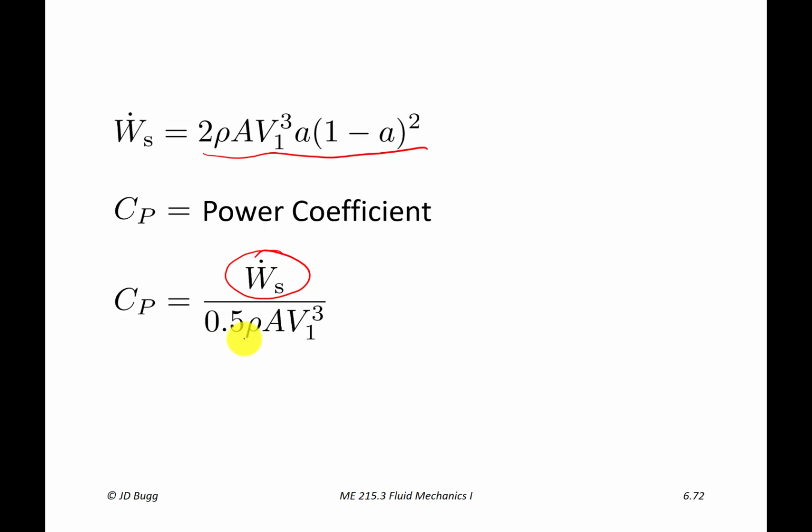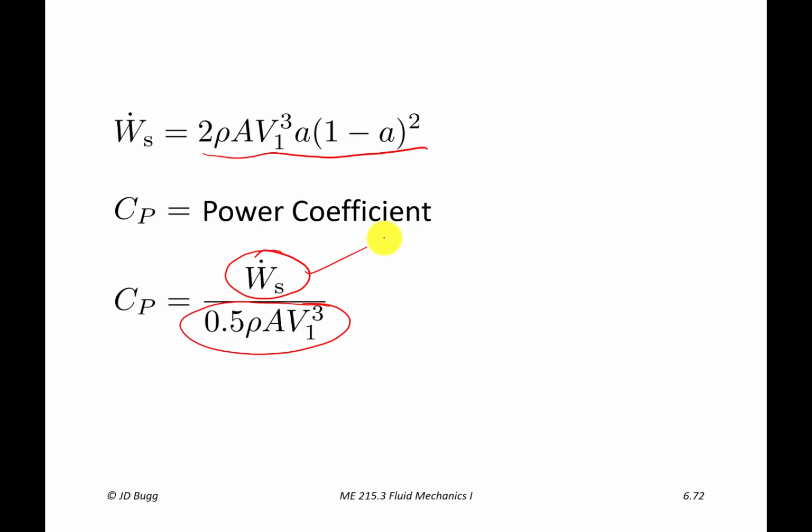And that is 1/2 rho A V cubed. So the kinetic energy per unit mass is 1/2 V squared, but the mass flow rate is rho A times the other V. So this is the total kinetic energy available in the wind.